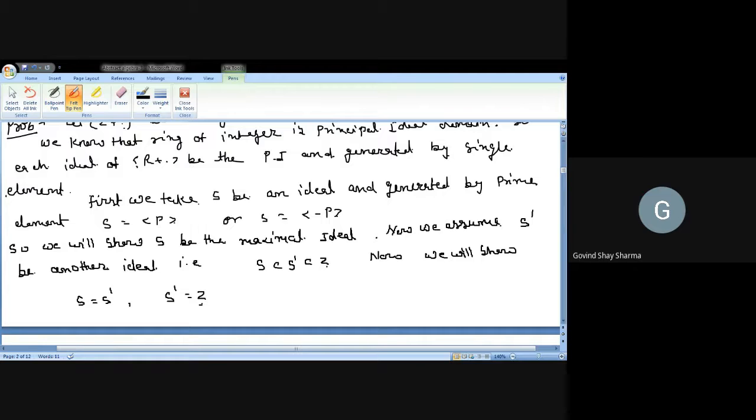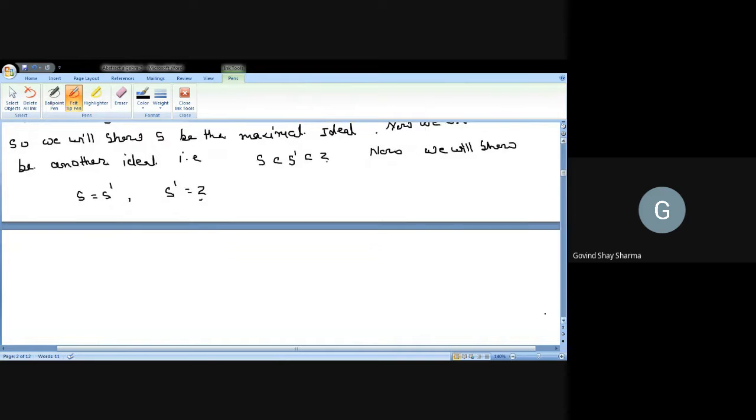Okay. So let we take S dash is also generated by Q. Here we note that Q is a prime number. Okay. So S belongs to S dash.